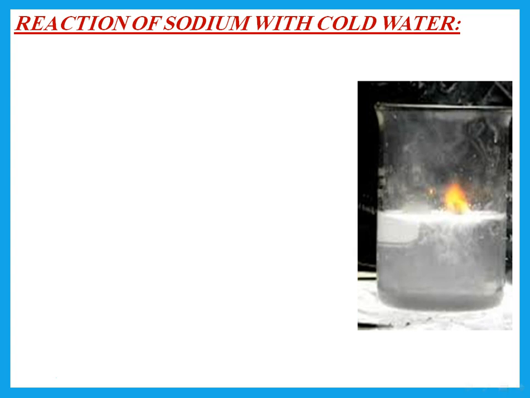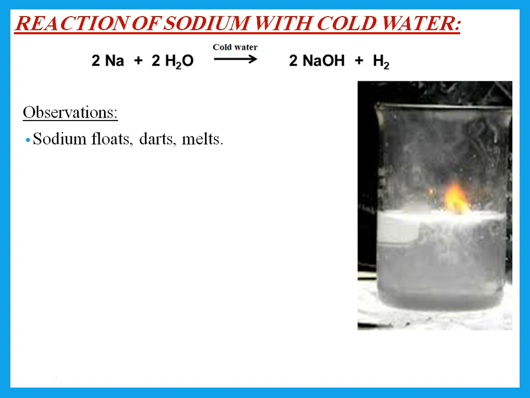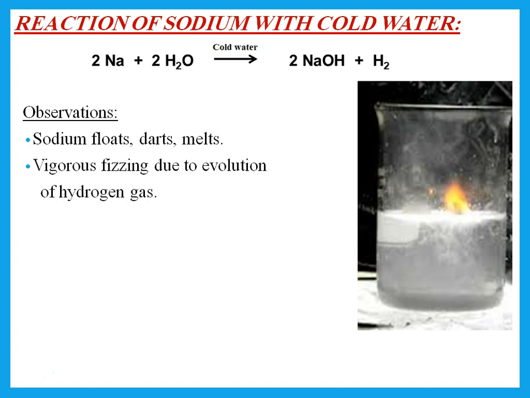So sodium in cold water, you need to know the observations. You have to know that first of all it reacts with cold water, so it gives sodium hydroxide plus hydrogen. Now what do we observe? Sodium is in group 1. It floats, darts, melts, or it disappears.